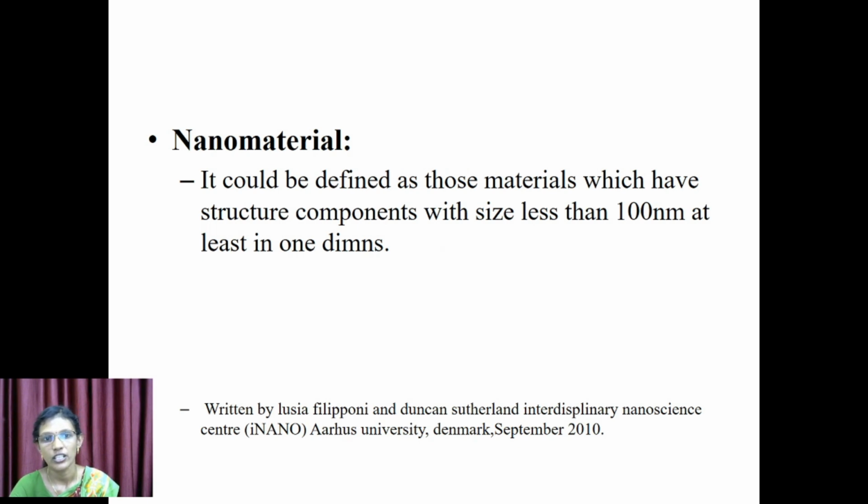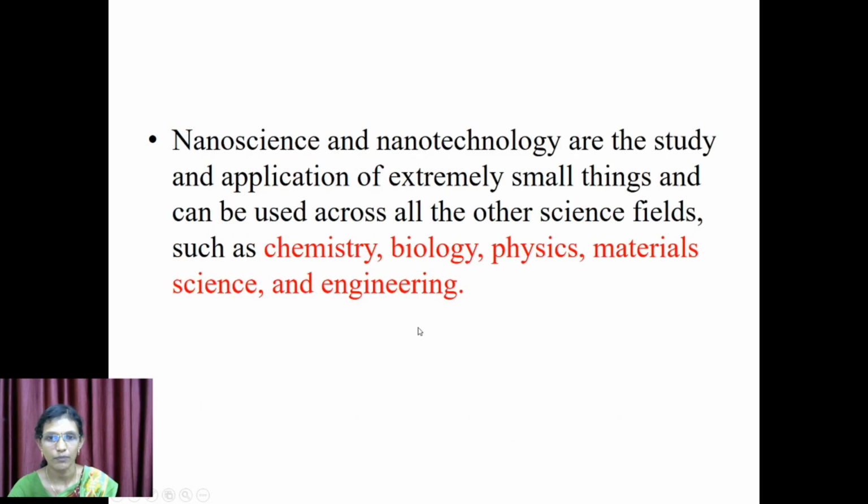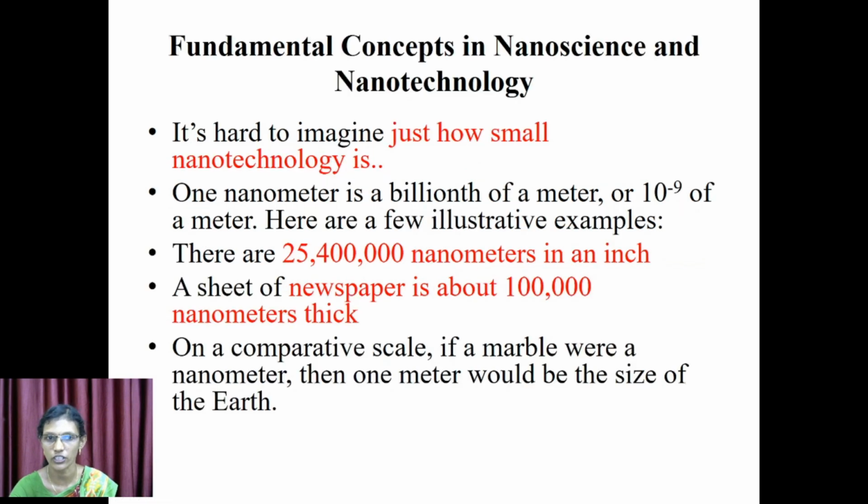Nanomaterials can be defined as materials which have structured components with size less than 100 nanometers in at least one dimension. Nanoscience and nanotechnology are the study and applications of extremely small things, and they can be used across all the other science fields such as chemistry, biology, physics, material science and engineering.